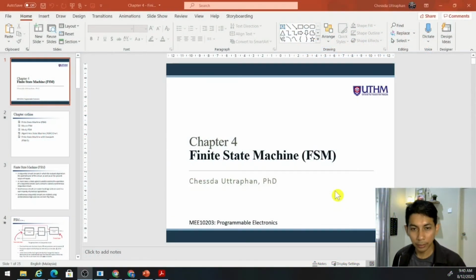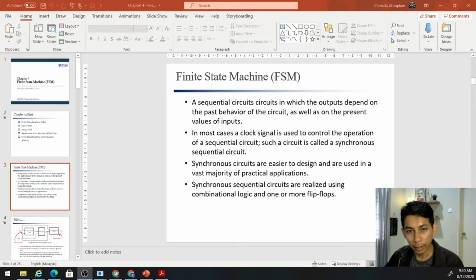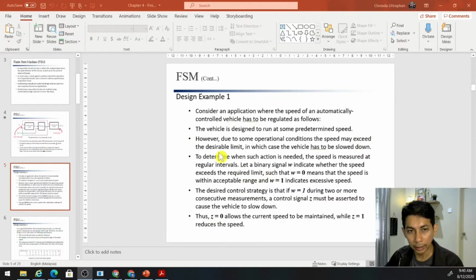Last week we were already in chapter 4, the state machine, the finite state machine, and we looked at the Moore type FSM for finite state machine. We looked at the example of how to design the Moore type finite state machine for a simple application.